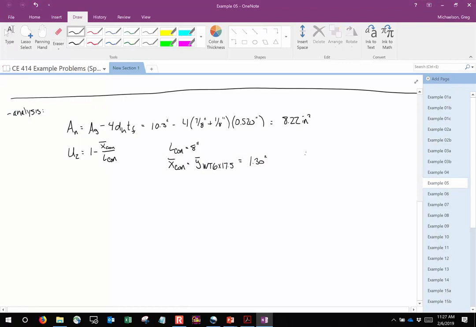So therefore, U2 equals what? 0.84. I think if you carry it out, it's like 0.838, something like that.